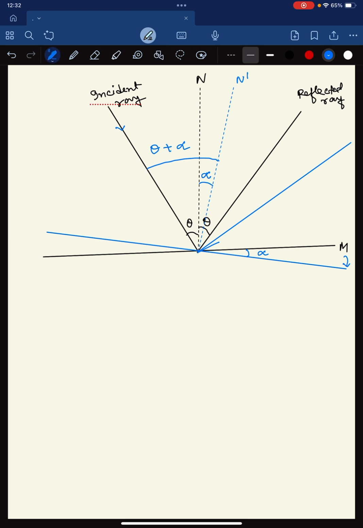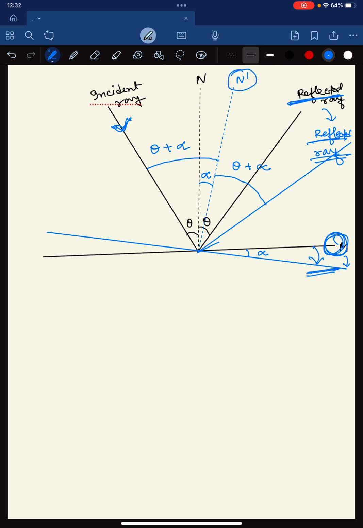What I'm saying, now this angle should also be theta plus alpha, and now the reflected ray will come here, not here but here. For the same incident ray, if the mirror was here, then the reflected ray was here. Now if the mirror rotates and it goes here, the reflected ray is coming here, making an angle theta plus alpha with the new normal n dash.